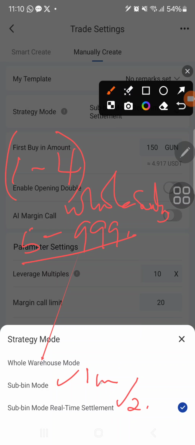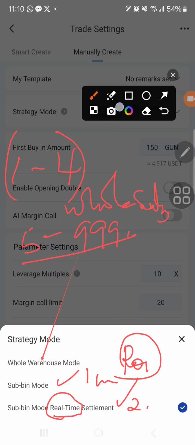When the bot makes a sale, it won't reflect the sale that has been made. It will be used again to continue to buy more when the market goes down, and you only receive your results at the end of the trading cycle. Then number 2 has the real-time element. It settles your result, your return on investment, in real time. In real time. Are we together?